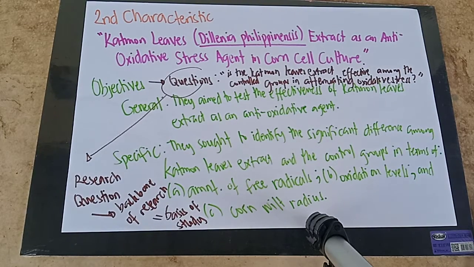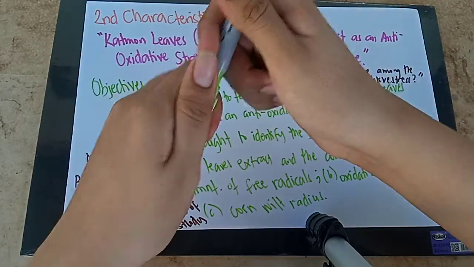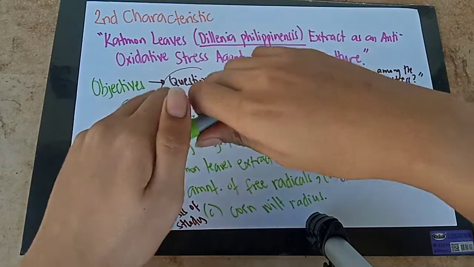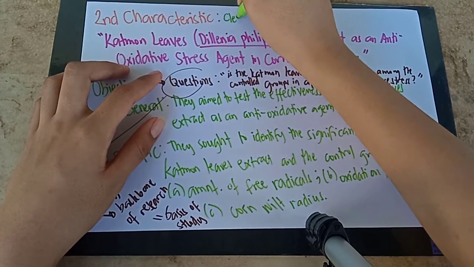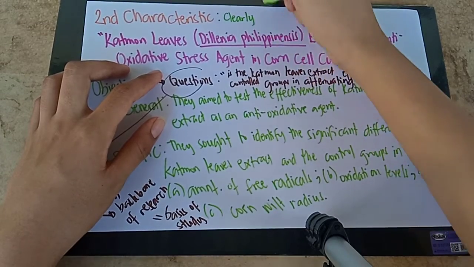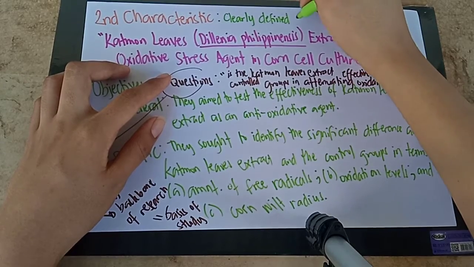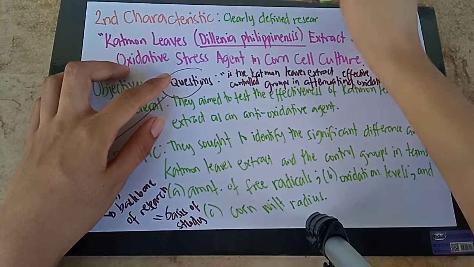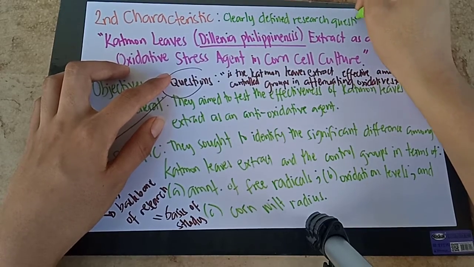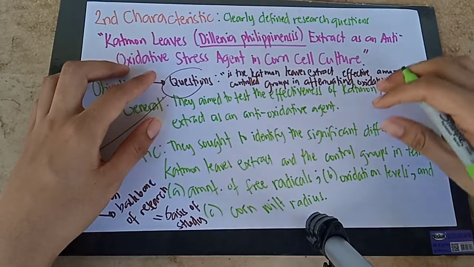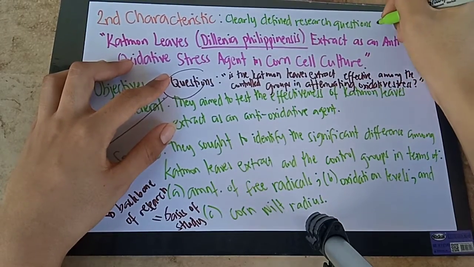So meaning to say, the nature of quantitative research is that it clearly has a defined research question. The second characteristic of quantitative research is that it has clearly defined research questions.